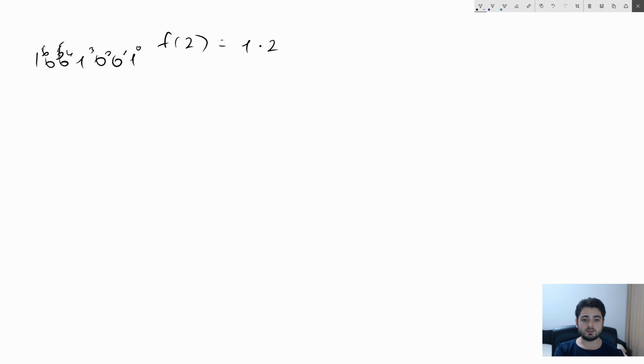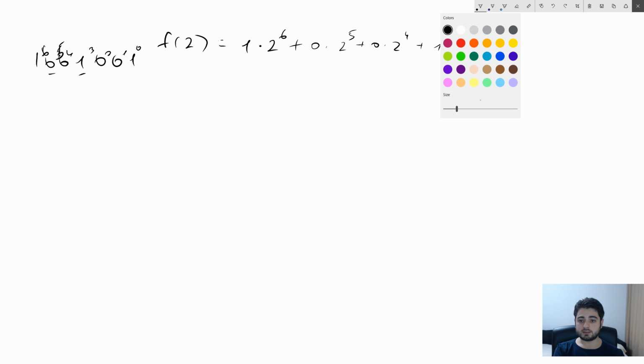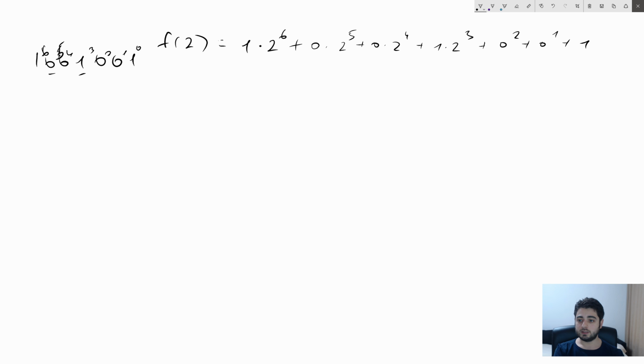So this is 2 to the power of 6, plus 0 times 2 to the power of 5, plus 0 times 2 to the power of 4, plus 1 times 2 to the power of 3, plus 0 times 2 to the power of 2, plus 0 times 2 to the power of 1, plus 1 times 2 to the power of 0.